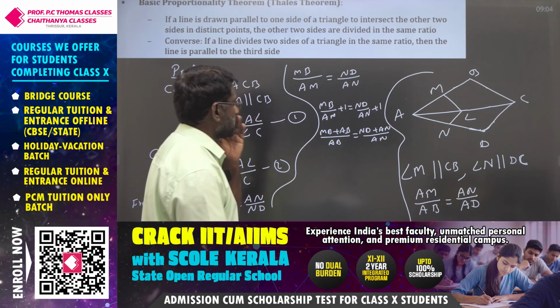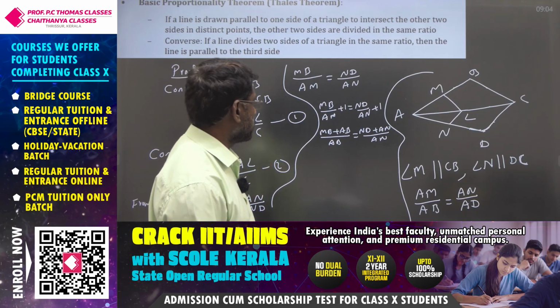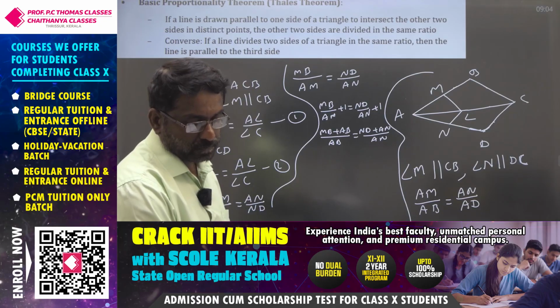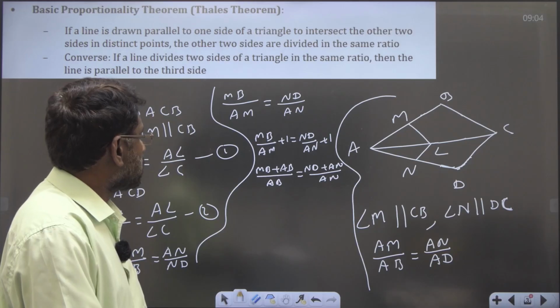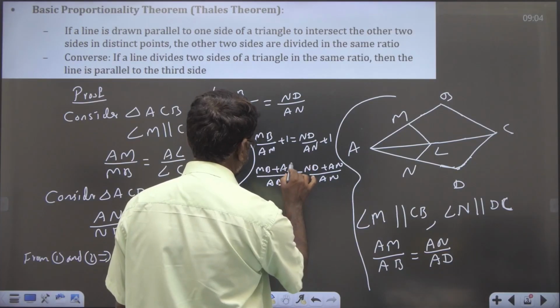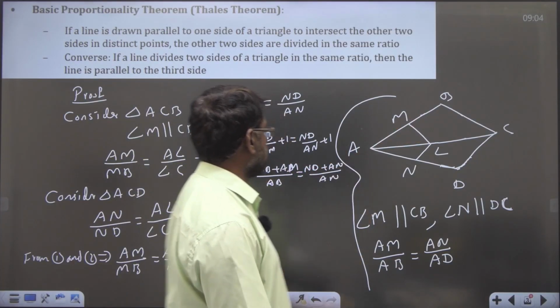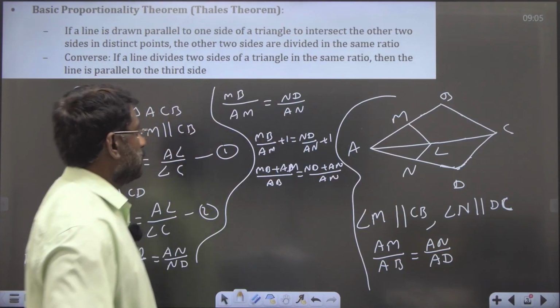From the figure, what is MB plus AM? That is AB.